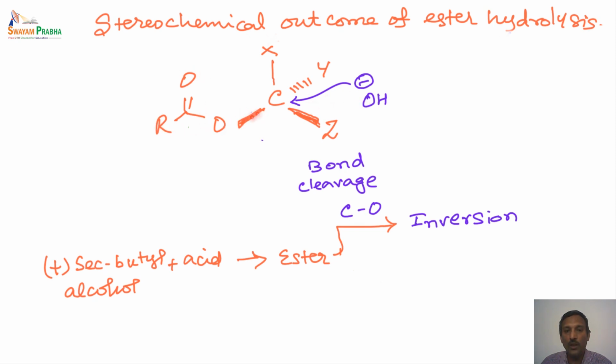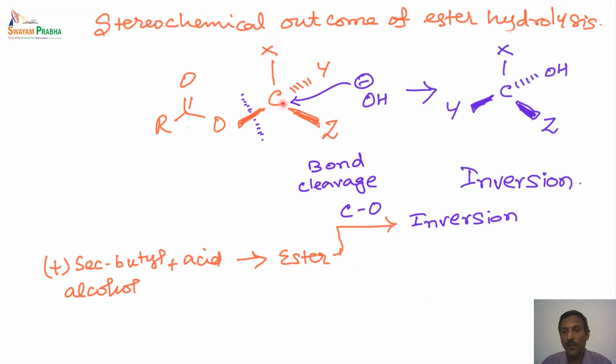To compensate that, the nucleophile has to come and attack from the opposite side. That leads to inversion of configuration, because in the initial starting material the CO bond is present. Say for example, in this particular case I say it is on the left hand side, but in the product we are going to get it on the right hand side. So that means an inversion of configuration happens if the CO bond is cleaved in the hydrolysis step.